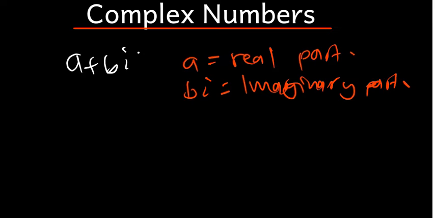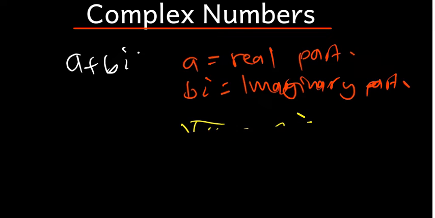As long as we have a + bi, the part which has i is the imaginary part, and the part which doesn't have i is the real part. That is the reason why if you punch the square root of -4 on your calculator, you're going to get a math error, but in actual sense this is going to be 2i, meaning it is an imaginary number, it is not a real number.